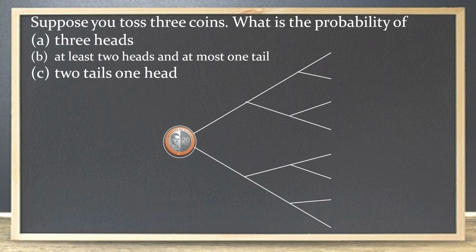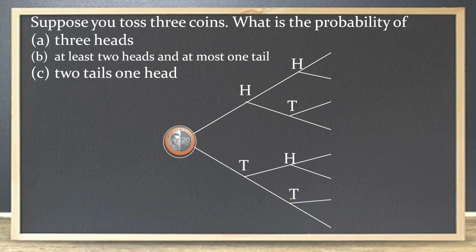Now, there's a possibility that the head of the first coin appears with the head or the tail of the second coin. So we have the head of the first coin either appearing with the head or the tail of the second coin, or the tail of the first coin appearing with the head or the tail of the second coin.